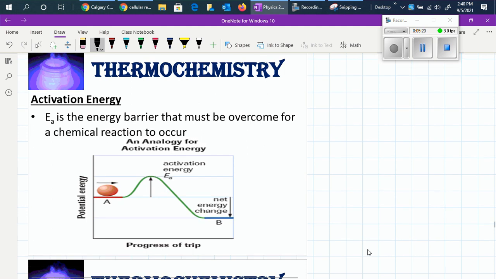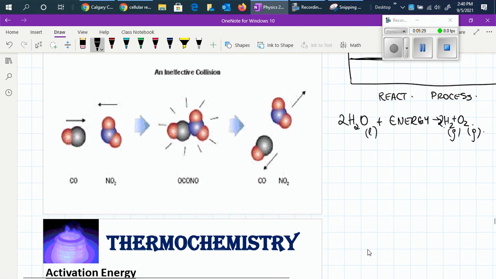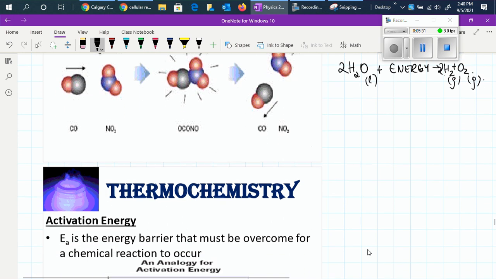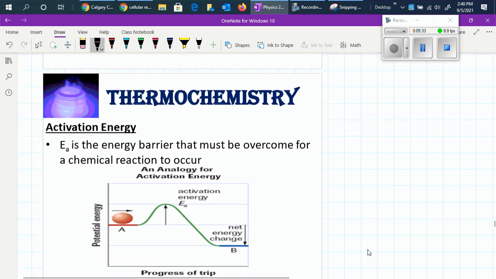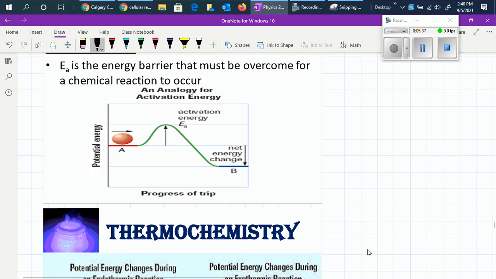Okay, so the atoms in the reactants have to be pulled apart, same as what is happening in this picture here, and then they collide and form the products. The activation energy is always higher than the energy contained in the reactants and in the products. However, the amount of activation energy necessary depends on the reaction.